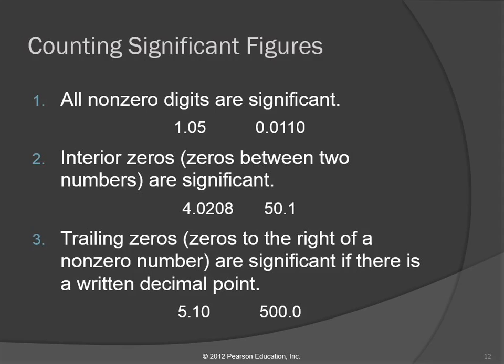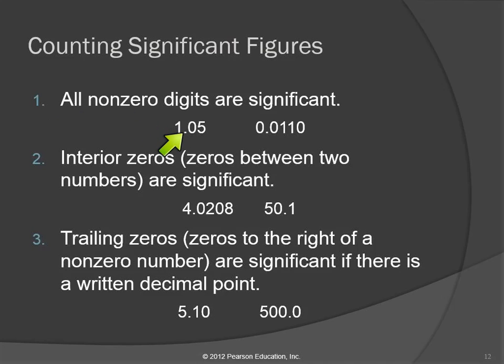So when we look at numbers that somebody else has written, we need to be able to identify what are significant figures and what are not. And so we have some rules for counting significant figures. So the first rule is that all non-zero digits are significant.